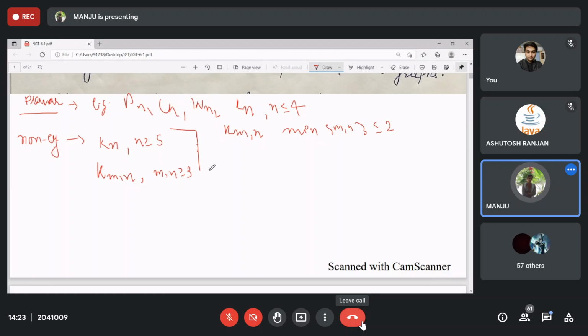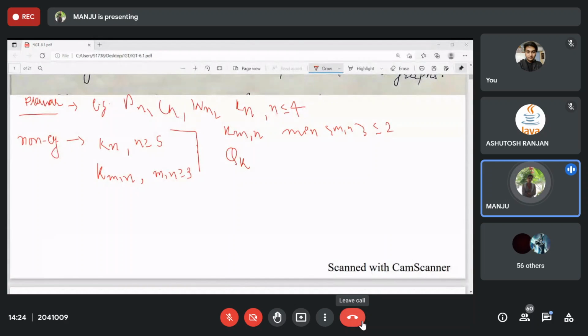Yeah, what about cube? Cube in one dimension. Tell me an example of cube in one dimension. Q2. No, one dimension.